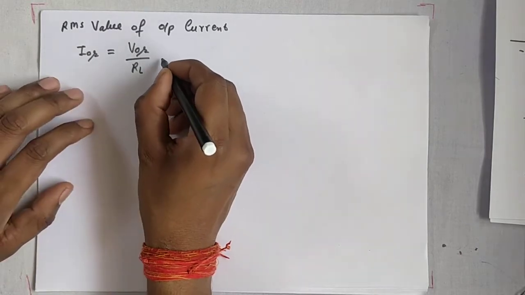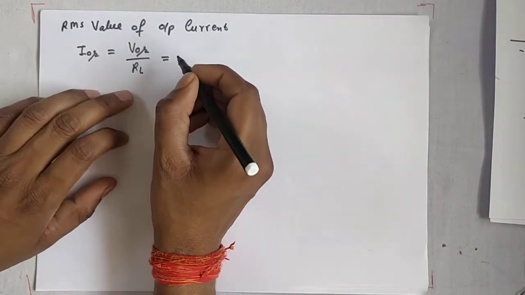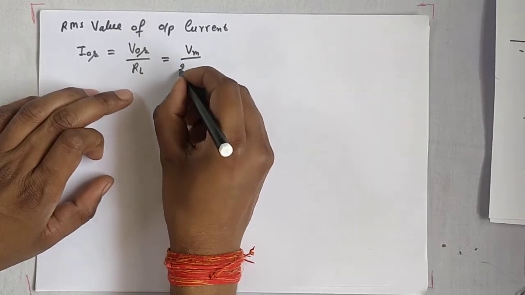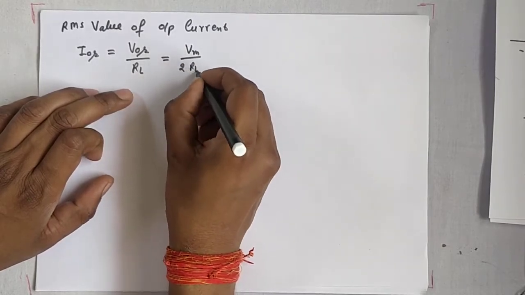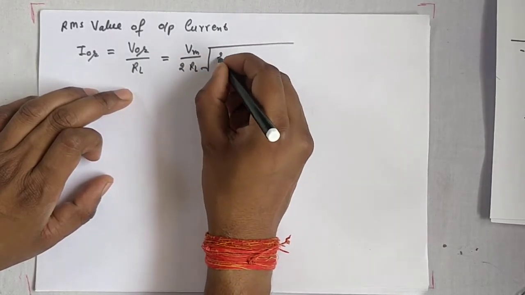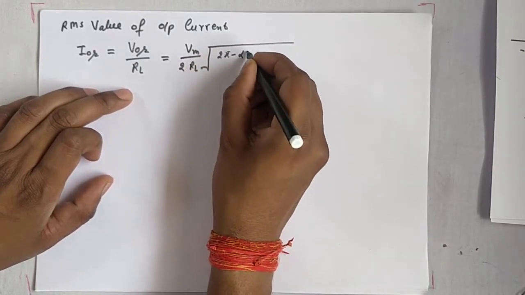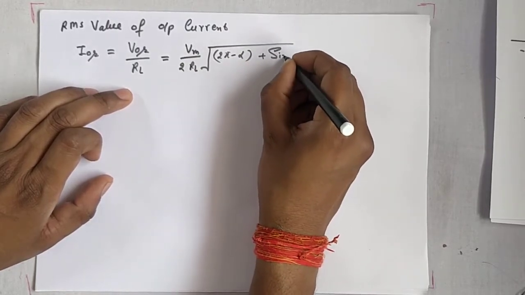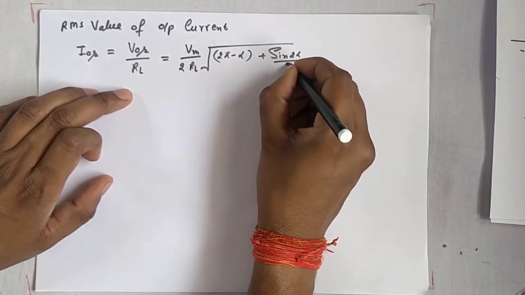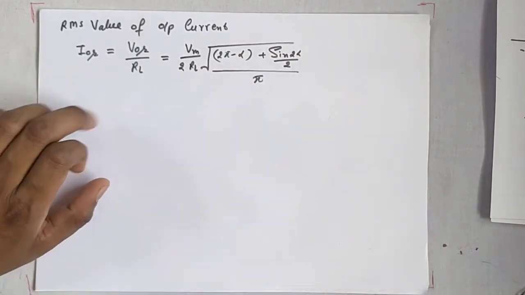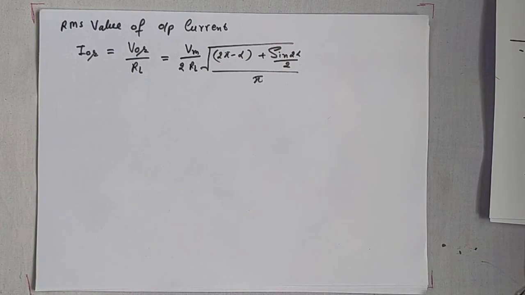So what is the equation of VOR? VOR is Vm by 2 into RL, root of ((2 pi minus alpha plus sine 2 alpha divided by 2) divided by pi). So this is the RMS value of output current.